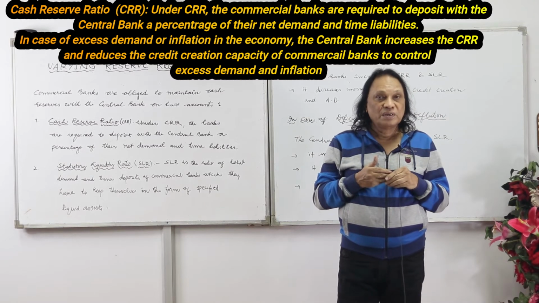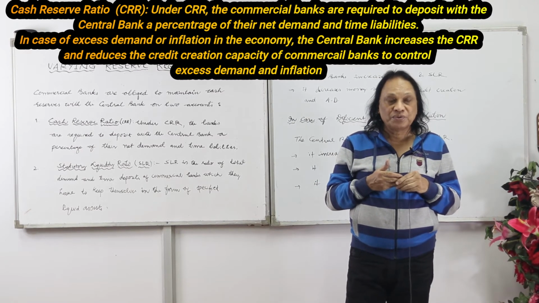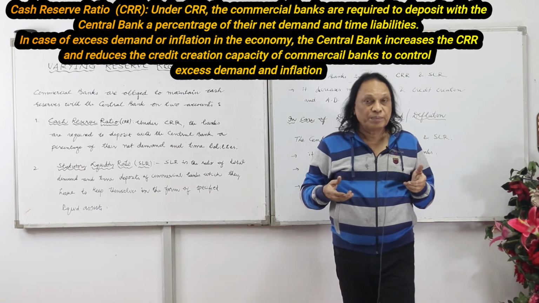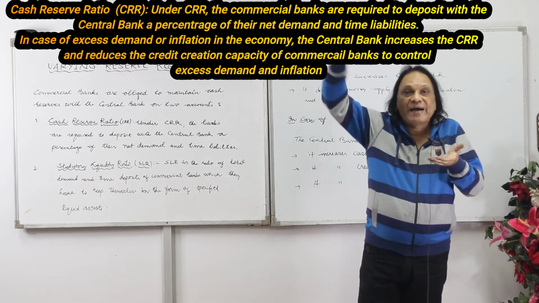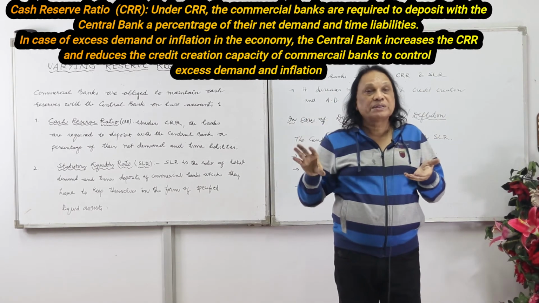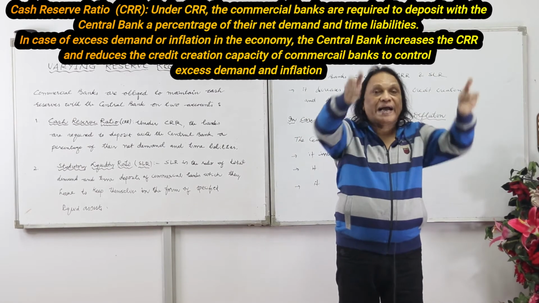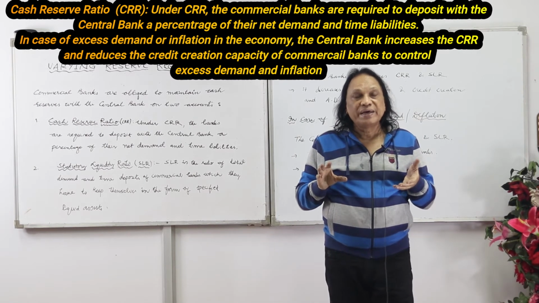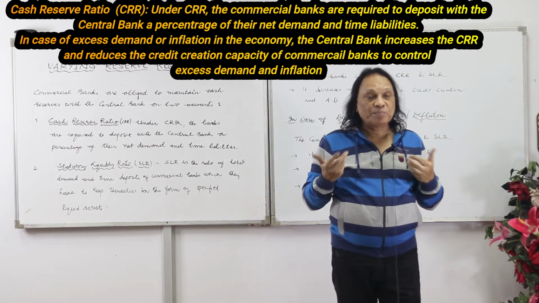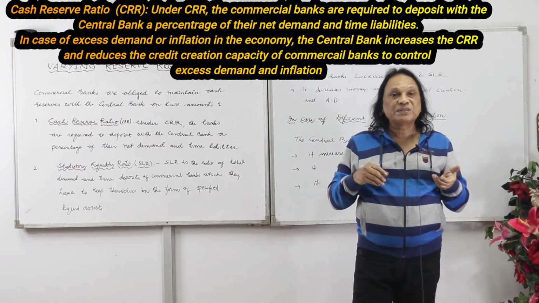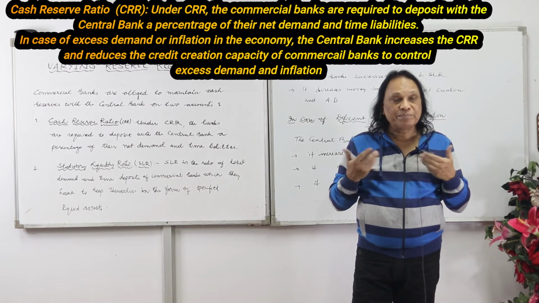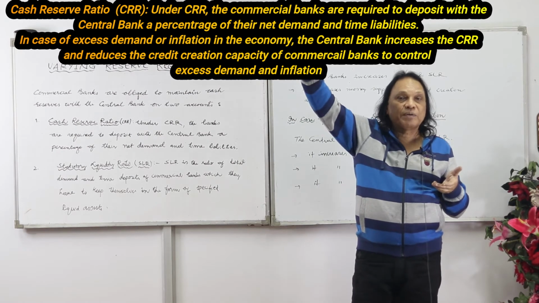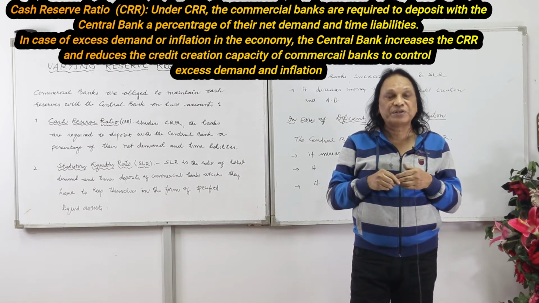Suppose the CRR is 5%; the banks are supposed to keep 5% of the cash they have with the central bank all the time. They can't give it as credit. That is CRR, cash reserve ratio: the commercial banks are obliged to keep a percentage of their demand and time liabilities as cash reserves with the central bank.